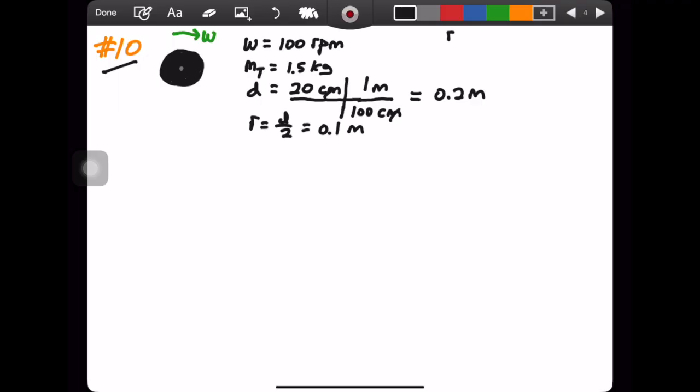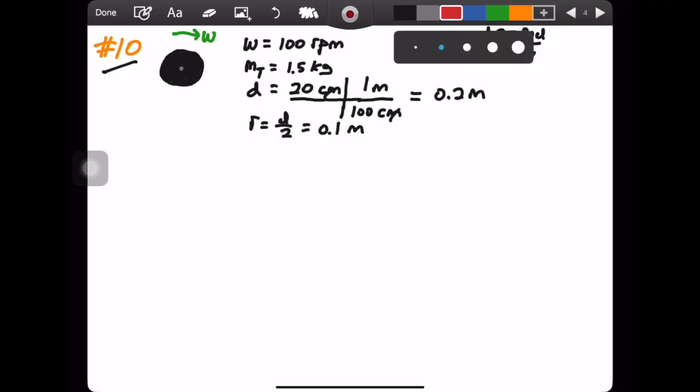So if you have a revolution, that's one complete cycle of circular motion per minute. That's what RPM is. And you want to get to radians per second, then one revolution is equal to 2 pi radians.